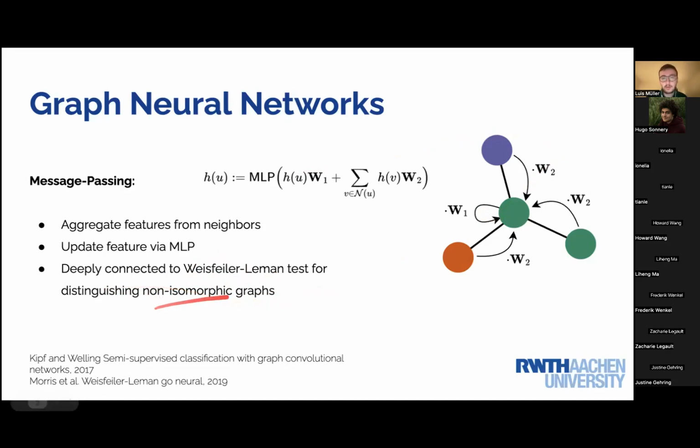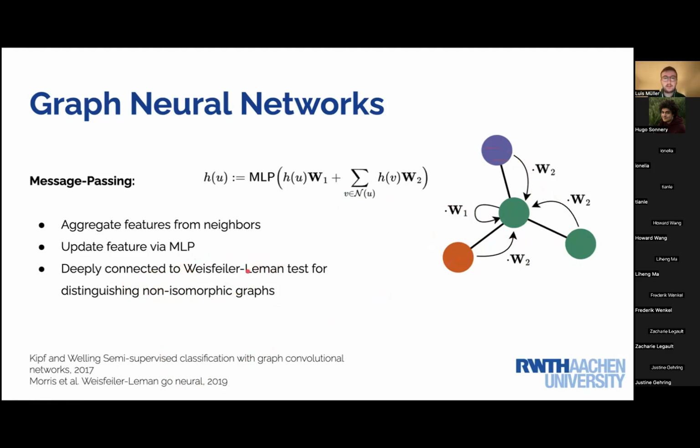That's actually an open problem, so we don't even know, if I recall correctly, whether this can be solved in polynomial time. But there's a deep connection between the types of graphs that graph neural networks can distinguish versus the types of graphs that Weisfeiler-Lehman can distinguish.